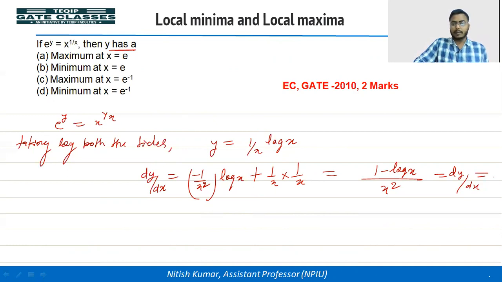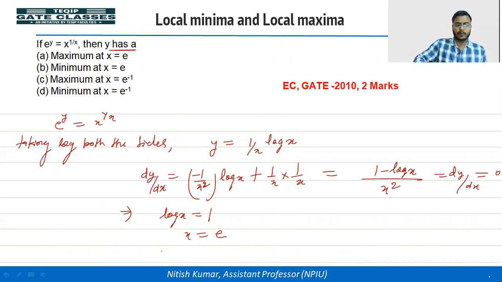If you want to set dy by dx equal to 0, what will be the stationary point? From there we are getting log x is equal to 1. So what is the value of x? x would be e.